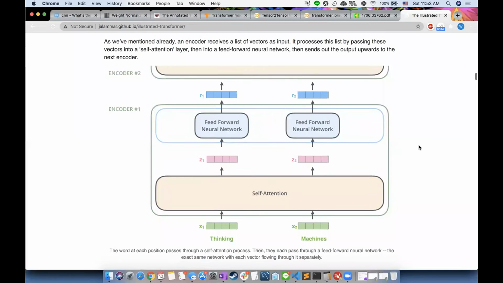That's not true. There is a loss that happens at the end. A loss is calculated at the final step, like when you translate English into French or whatever. Then it backpropagates all the way from there, and all the weights in your self-attention as well as your weights in the feed forward get updated.